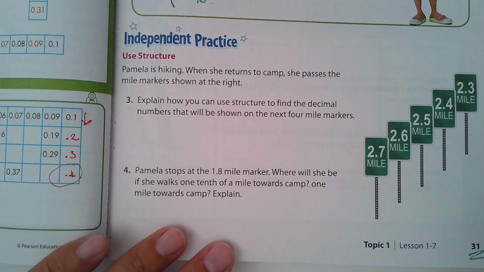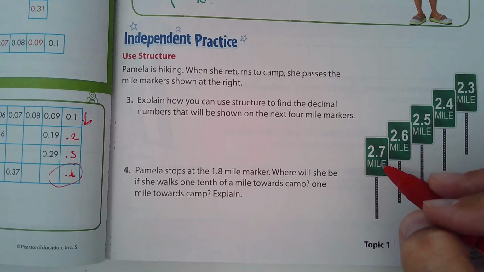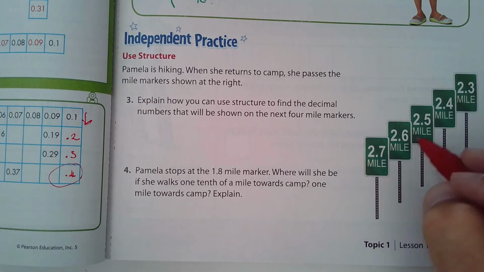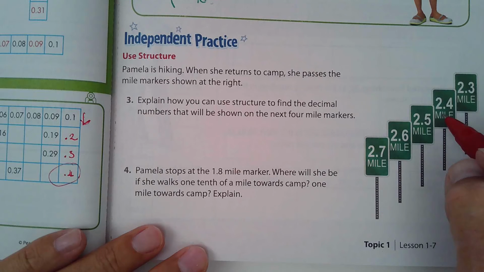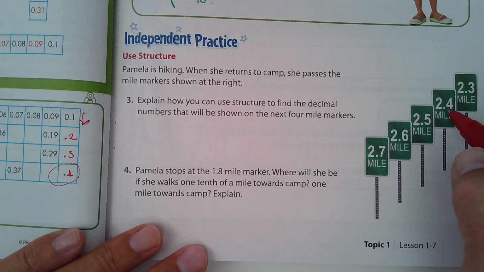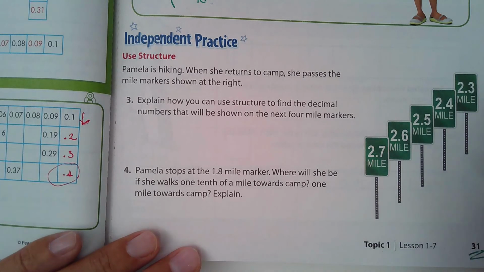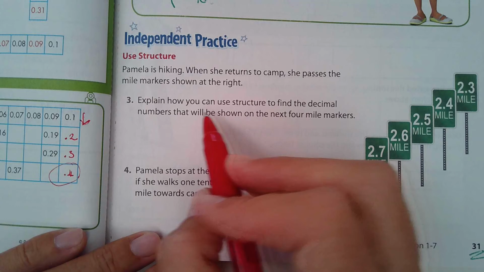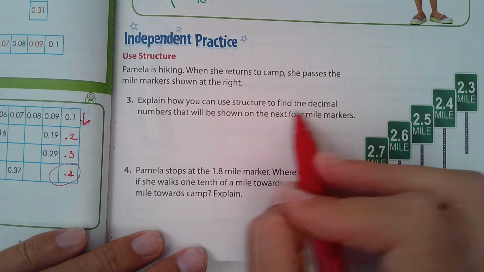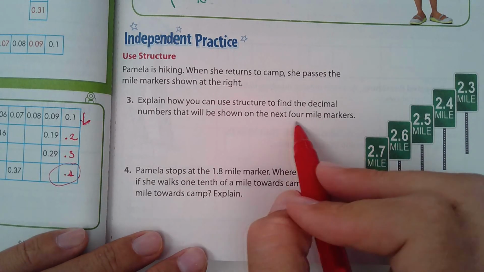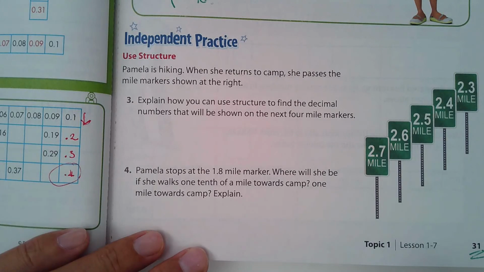So there's the mile markers. 2.7 miles, 2.6, 2.5, or 2 and 5/10 of a mile, I should say, 2.4, 2.3. It says, how can you use structure to find the decimal numbers that will be shown for the next 4 mile markers?